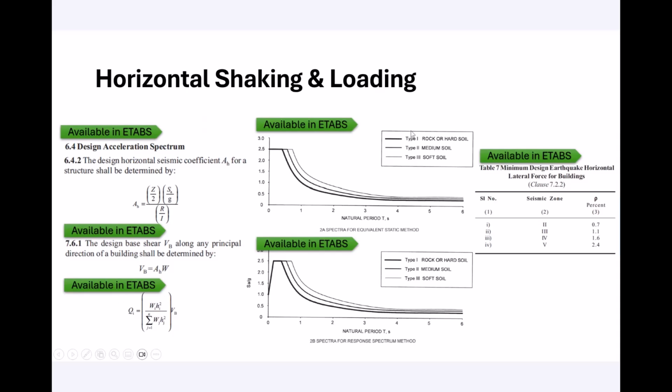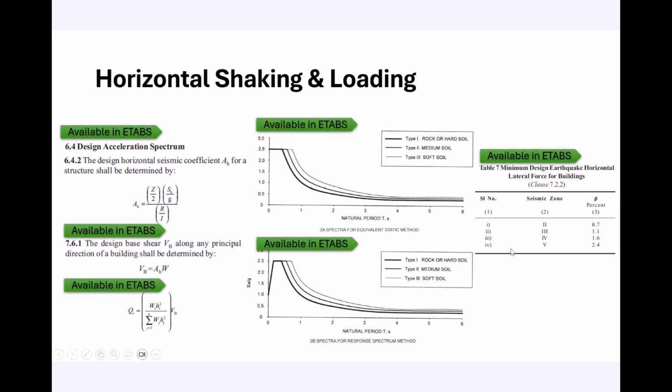And then in the spectrum, we have two types of spectrum. One is for the equivalent static method, the top one, and the other one is for the response spectrum. The key difference is that when the time period is small for the equivalent static, you'll have to take the maximum or the peak, let's say by g value. But for the response spectrum, it will be slightly different. It will start from a lower value of 1. So these two are also incorporated in the program.